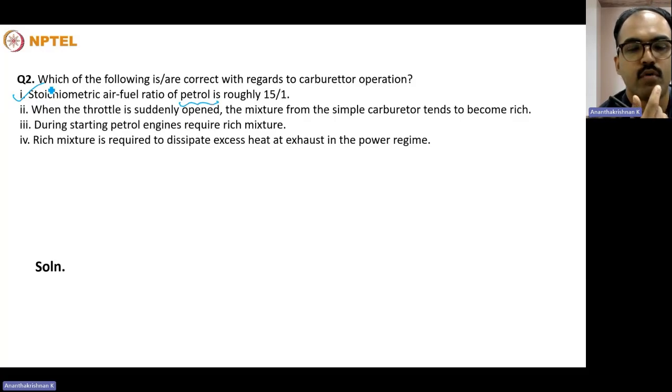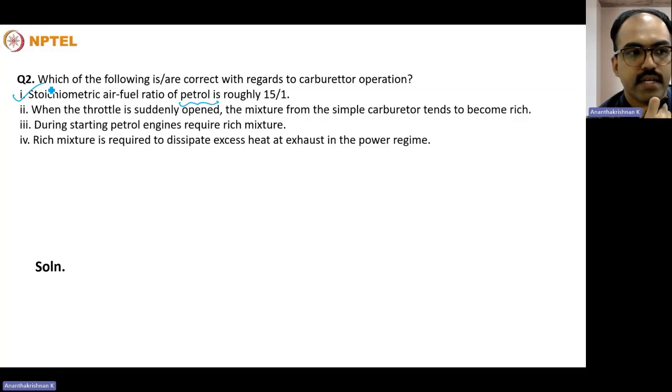In that case, there can be formation of much more NO2, nitrous oxides. But in the case of rich mixtures, where the air to fuel ratio is lesser than the stoichiometric ratio, there can be incomplete combustion, resulting in a mixture of carbon dioxide, carbon monoxide, and water. So option 1 is right.